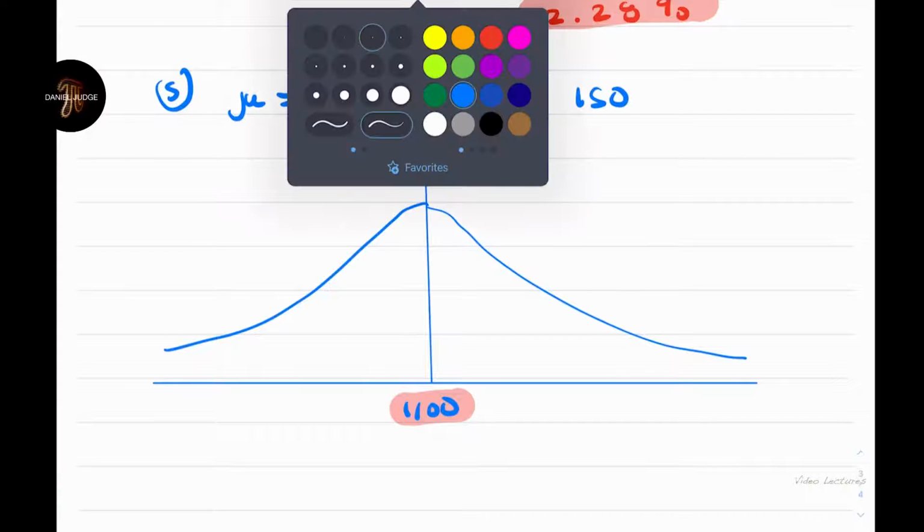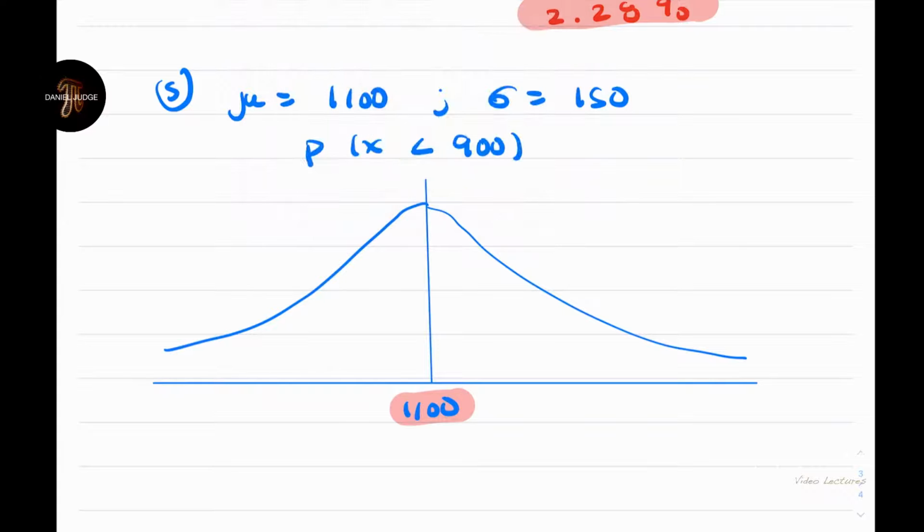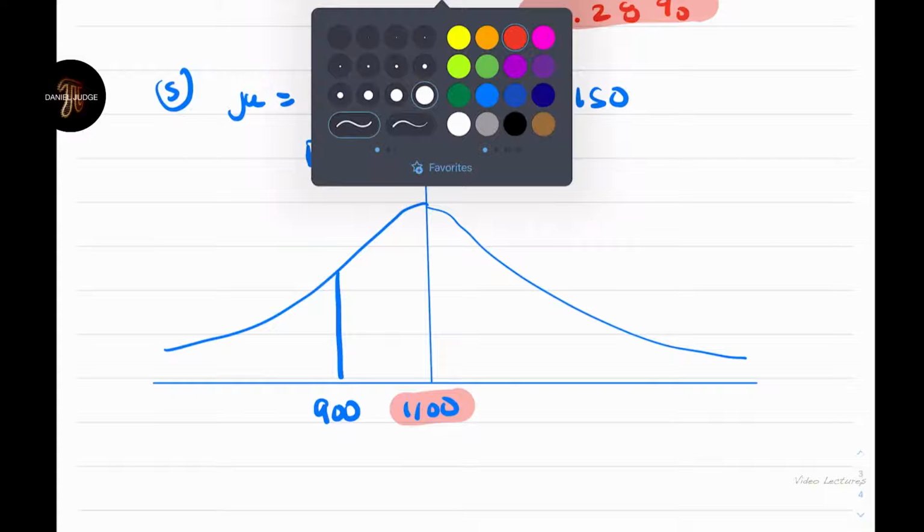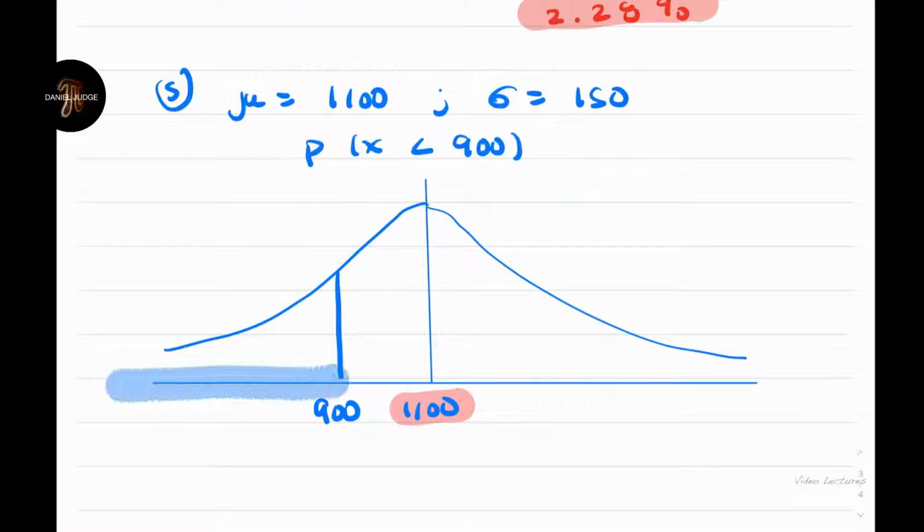Where's 900 in relation to 1100, right? Smaller numbers are to the left. To the left, less than 900, right here. There we go.